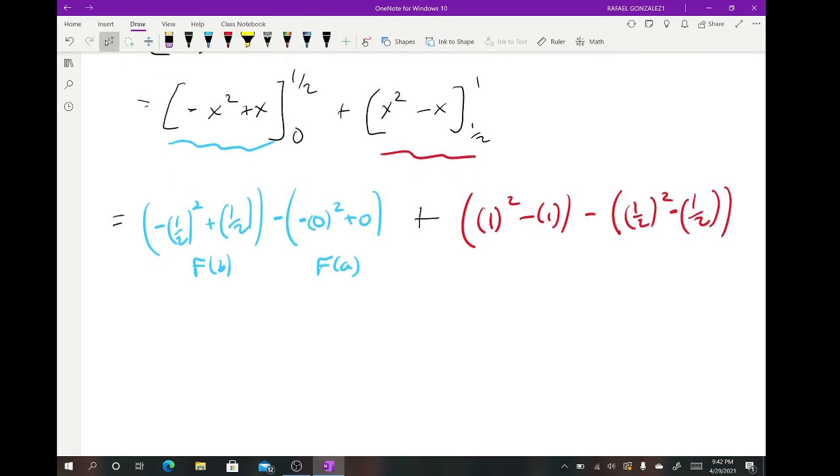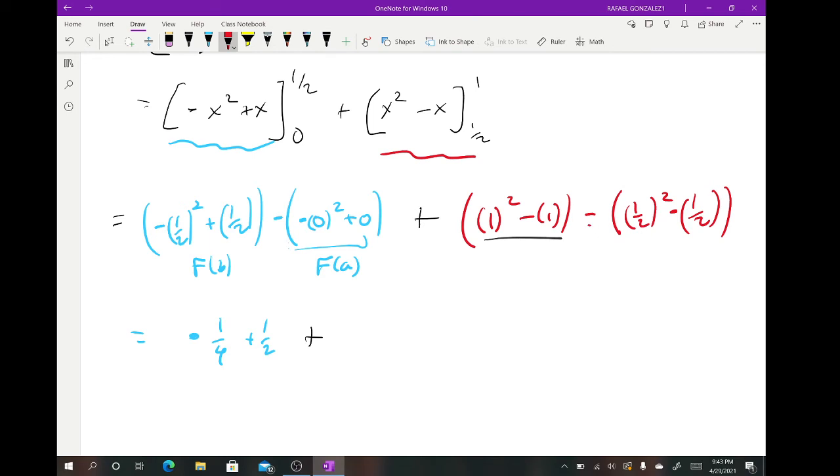Okay, so let's solve. 1/2 squared is just 1/4, and minus that, that's just minus 1/4. So I have minus 1/4 plus 1/2. The 0 part is just going to be 0, so I don't have to worry about it. Plus, now 1 squared minus 1, 1 squared is 1, minus 1 is 0.